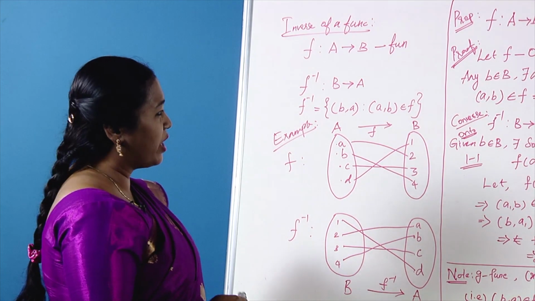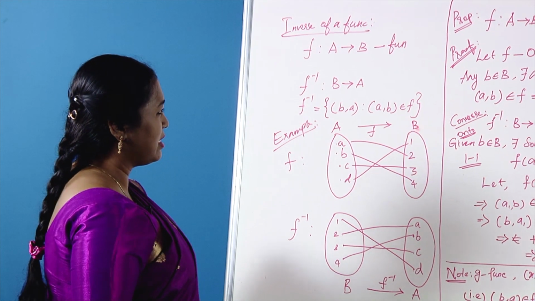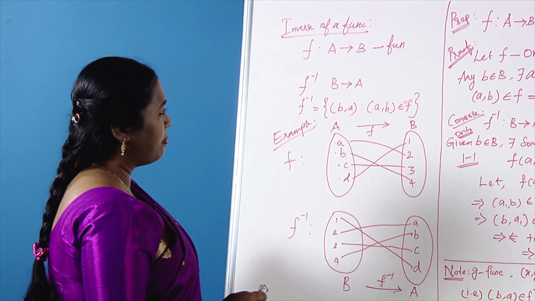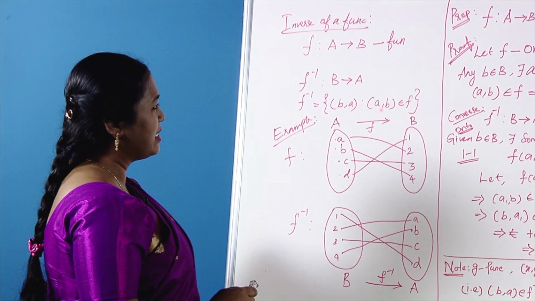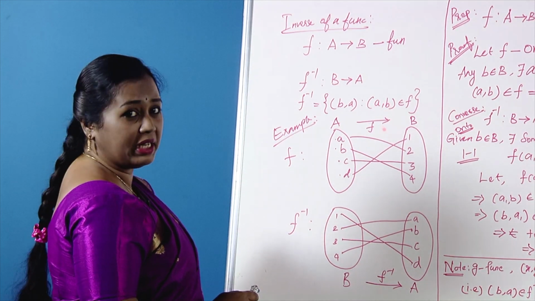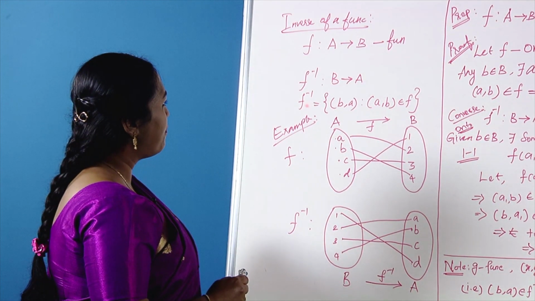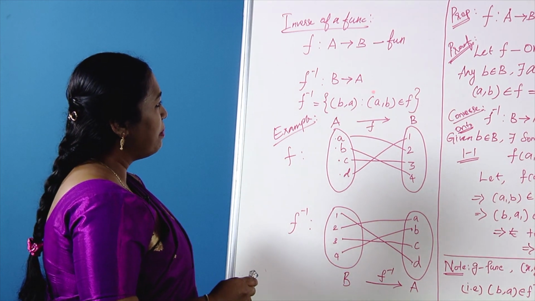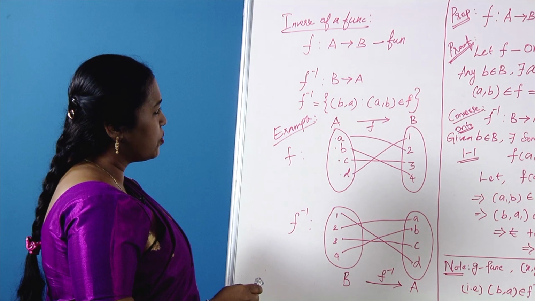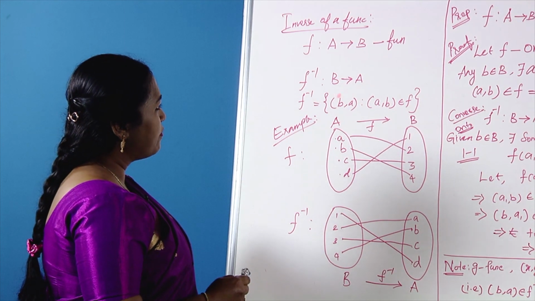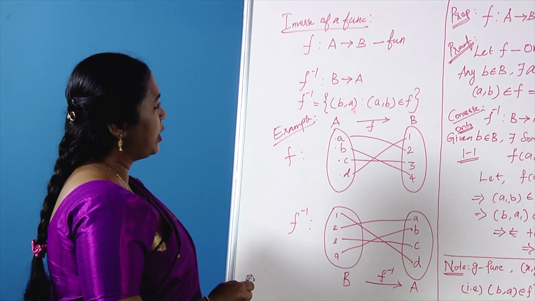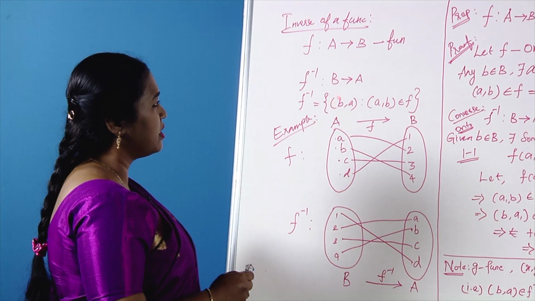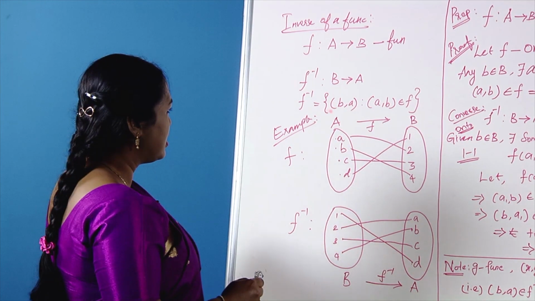The purpose of writing this in ordered pairs is that if (a, b) belongs to f, it implies that f of a is equal to b, right? And f inverse is a collection of ordered pairs (b, a) such that (a, b) belongs to f, which means that f inverse of b is equal to a. So, that is the meaning of this ordered pair that we have represented here.